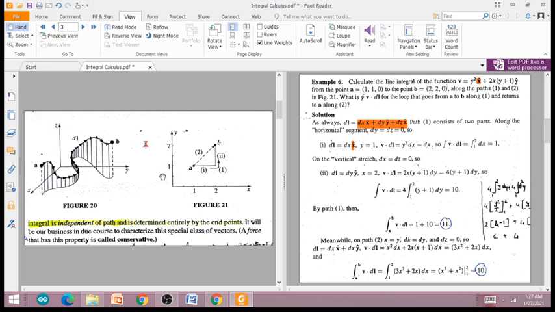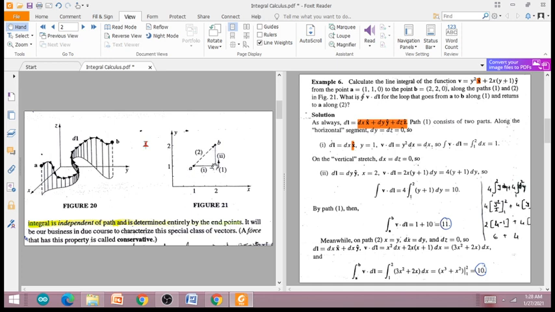So for path 1, the horizontal x axis part, the first part of path 1, gave the answer 1. Now let us check the vertical path. The vertical segment of path 1, component II, will give us variation in y. The y variation is from 1 to 2.